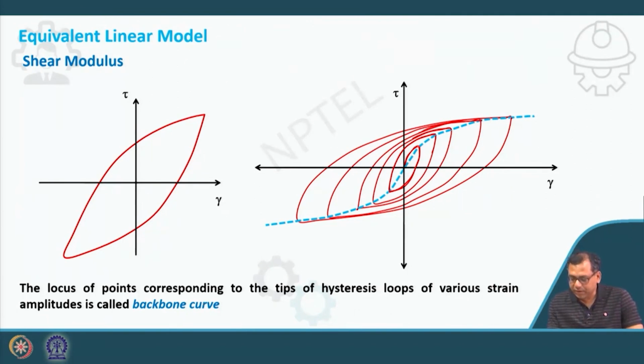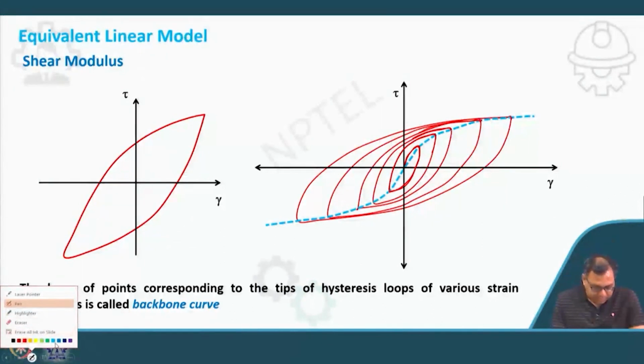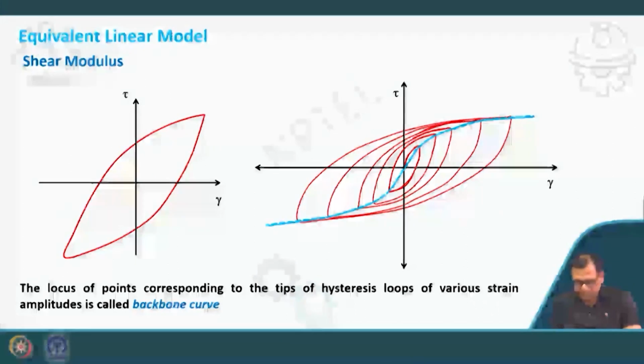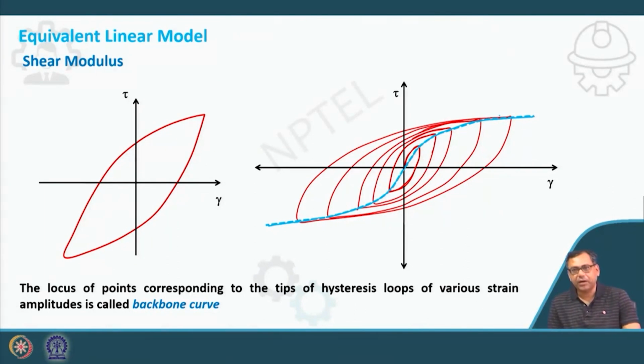That means if I join the tips of these loops, then this blue curve is called the backbone curve. So we have a number of hysteresis loops with different strain amplitudes, and if I join the tips of these loops, I will get the backbone curve.